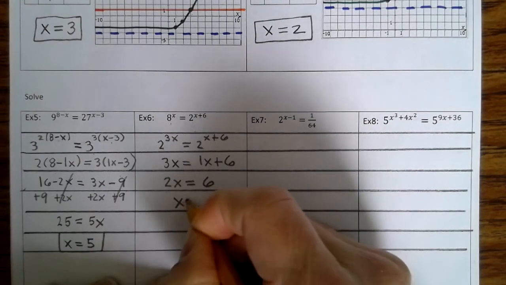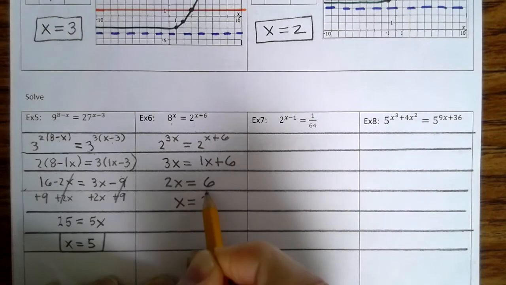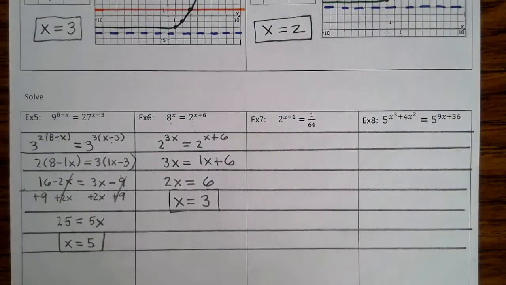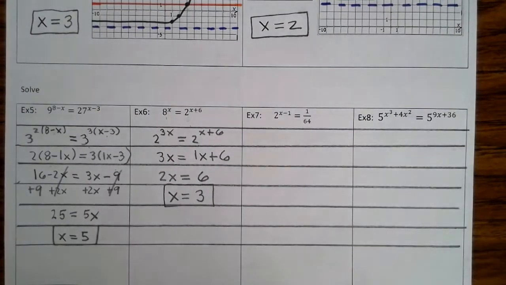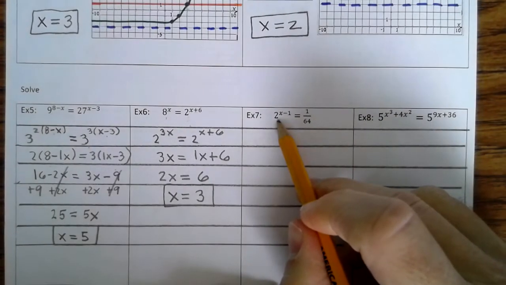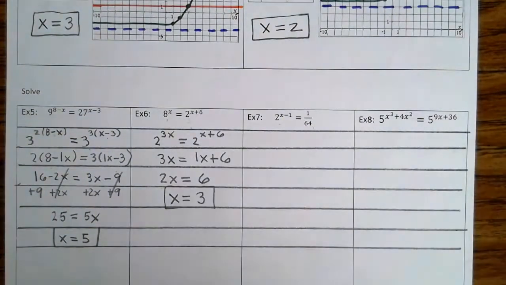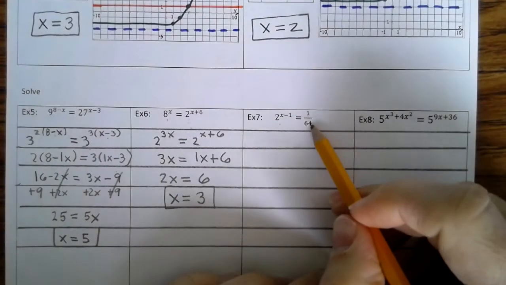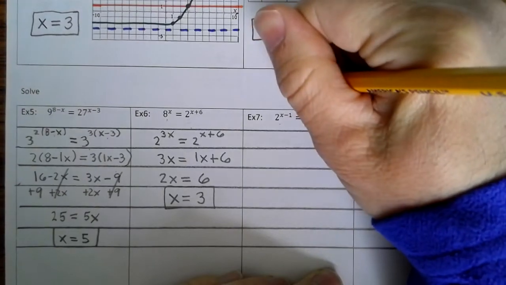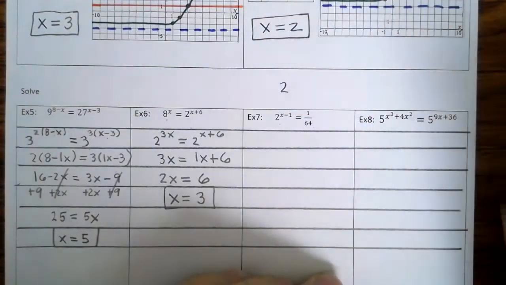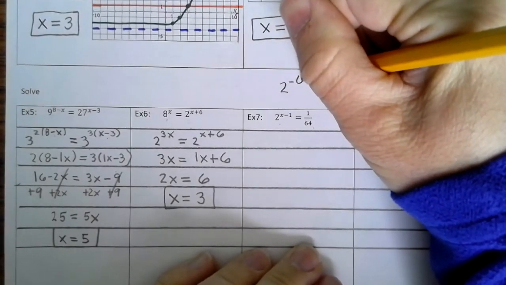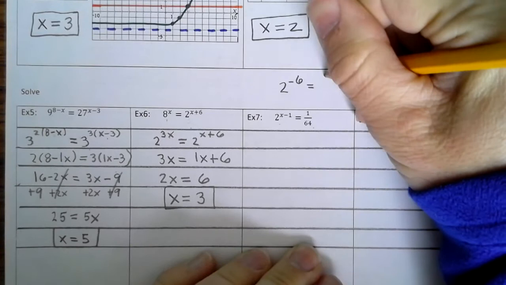All right, let's take a look at example 7. So here we see a base of 2, and we think, is there a way to write 1 divided by 64 with a base of 2? Well, there is. Well, 2 to the negative 6 is equivalent to 1 divided by 2 to the 6th power, which is equivalent to 1 divided by 64.